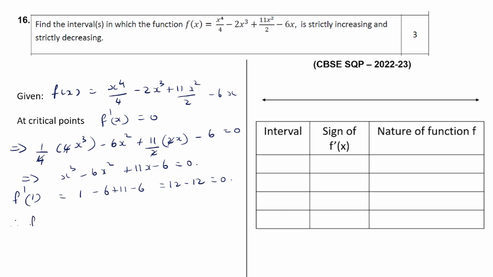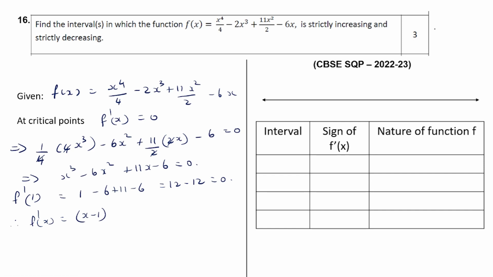Therefore, f dash of x is equal to x minus 1 into. Now we have to divide this x cube minus 6x square plus 11x minus 6 by this x minus 1 to find the other factor. So for that we can use synthetic division.